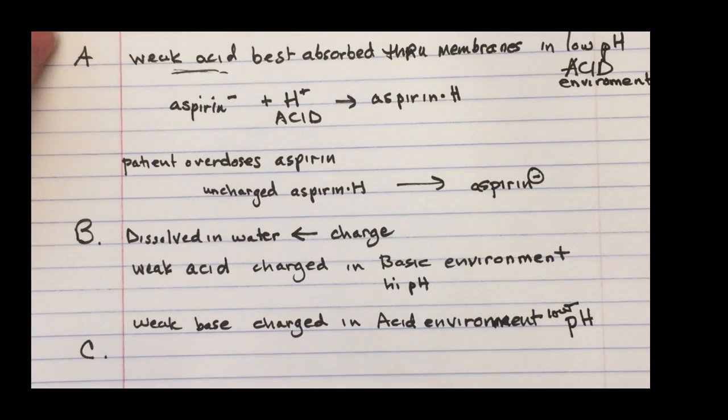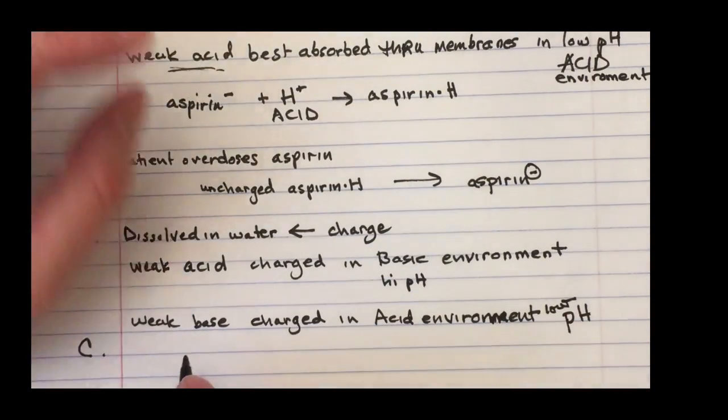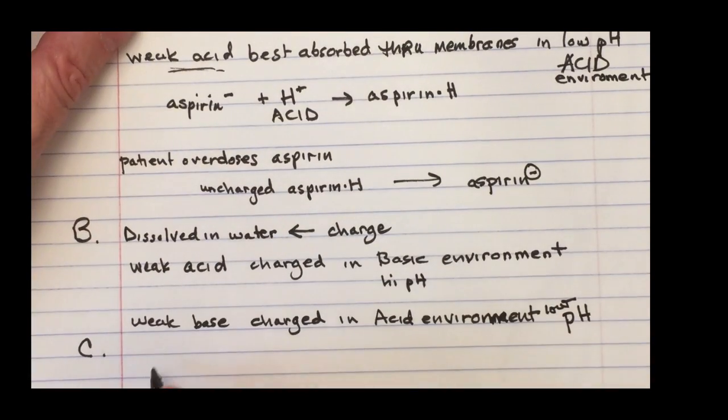In other words, falling out of solution means it becomes solid again. It's not dissolved. When you have two drugs that you can't have in the syringe or the IV at the same time because they'll make the other one precipitate, that situation is called incompatibility.